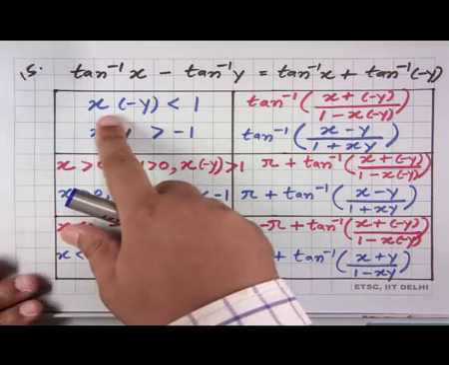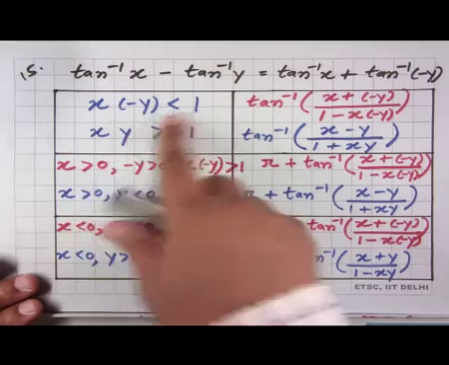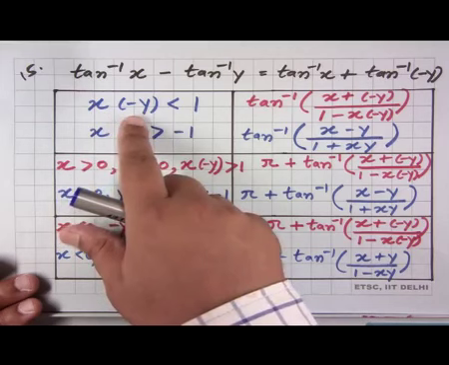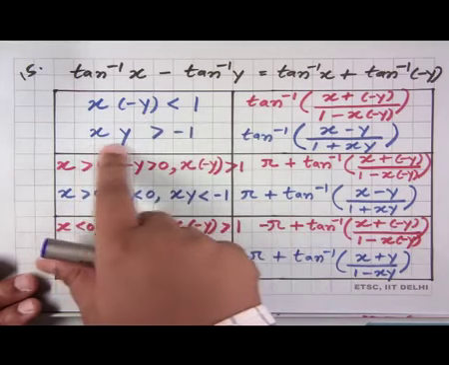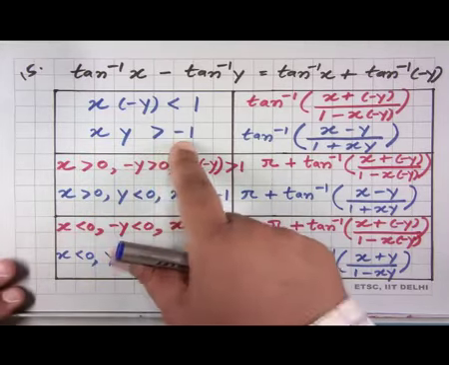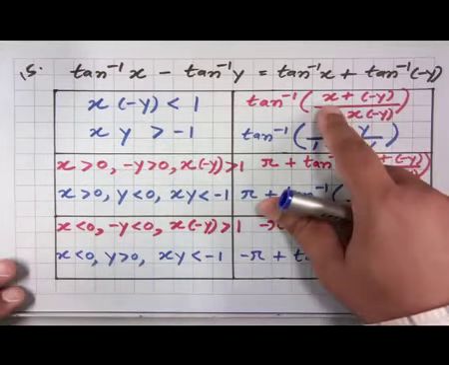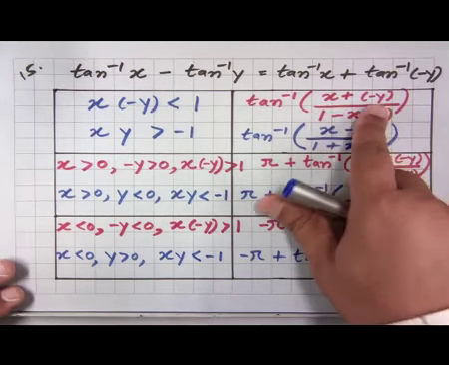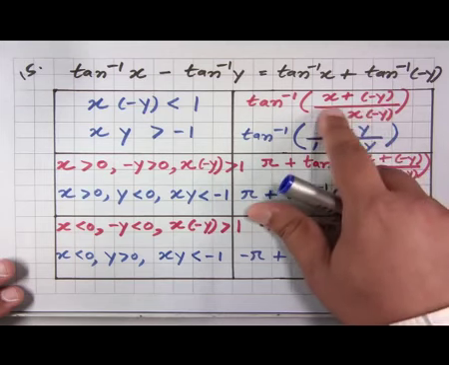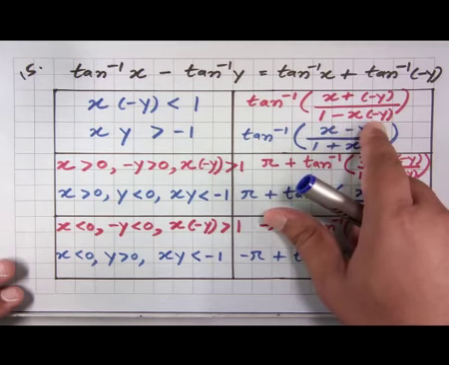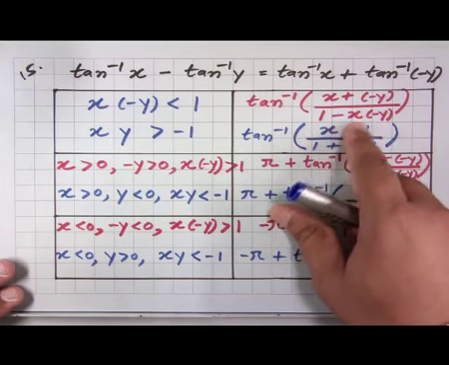So x times minus y. Earlier we had x y less than 1, but we replace y with minus y, so we get x times minus y less than 1, which can equivalently be written as x y greater than minus 1. Then on the previous slide we had tan inverse of x plus y over 1 minus x y, but instead of y we write minus y, so we get x plus minus y over 1 minus x times minus y.